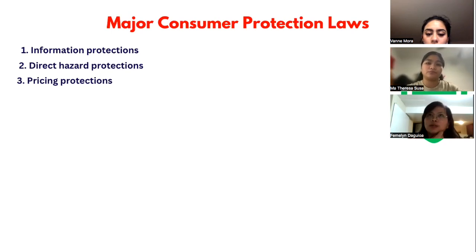For example, when you buy a house, it will show the total cost, including the tax and the hidden charges, and this is to ensure that the buyer understands that there are no hidden charges on it. So, for example, pricing of goods must be clear so consumers know exactly how much they will pay.